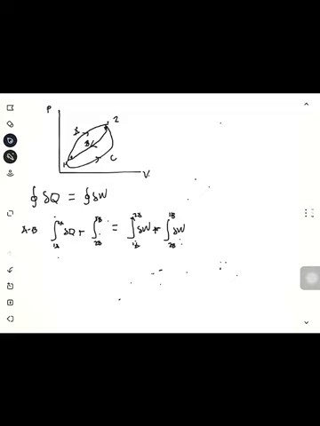And for the cycle A, C, we have the cyclic integral.